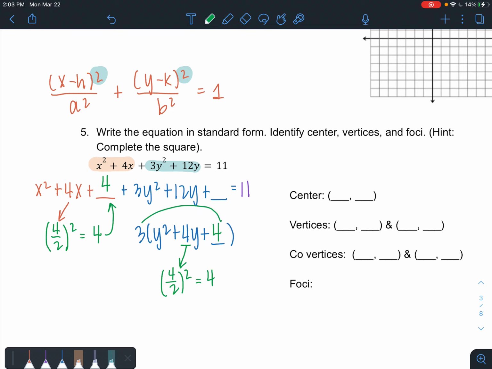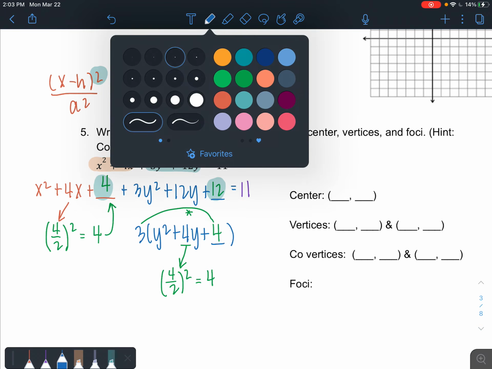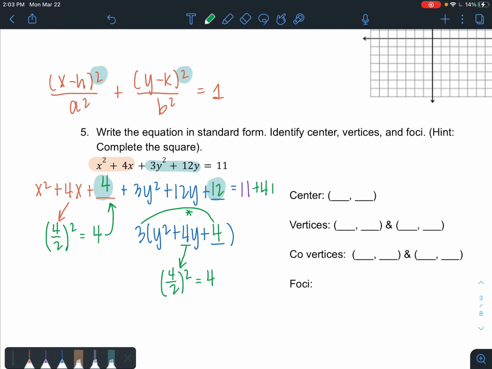But when I do 3 times 4, that's equal to 12, which is what I'm putting in here. So I'm multiplying the 3 and the 4 together to get that 12. Okay, but if I add it to this side, I also need to add it to the other side over here. So plus 4 and plus 12 on the right side there.